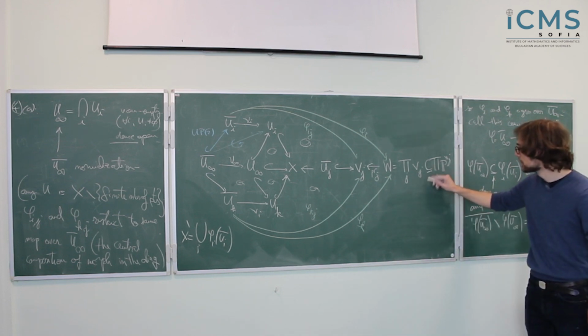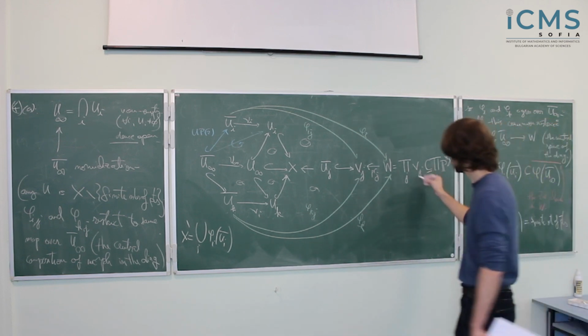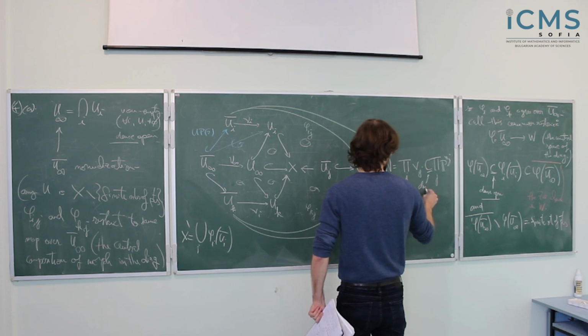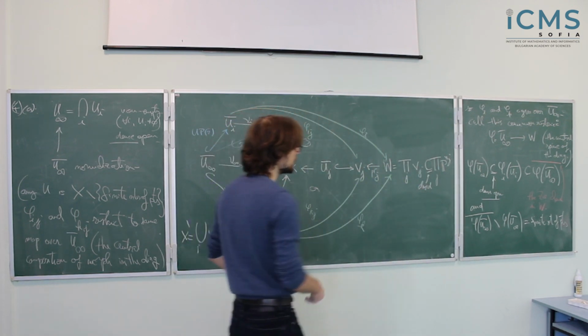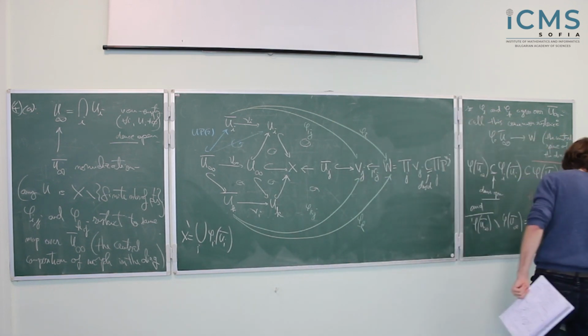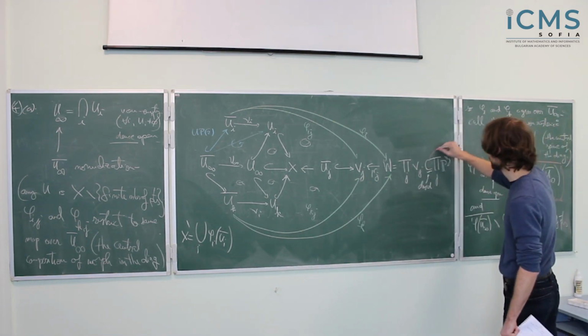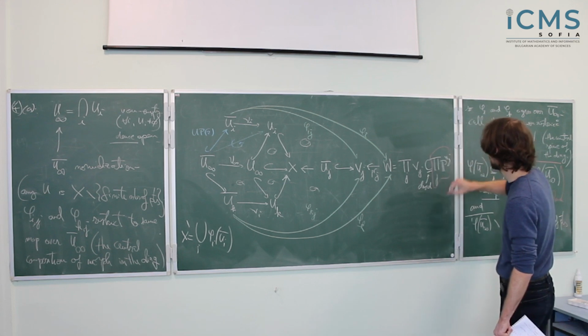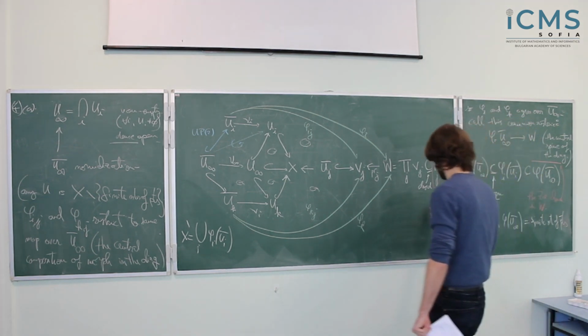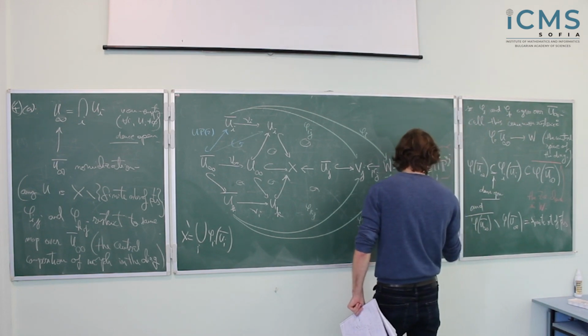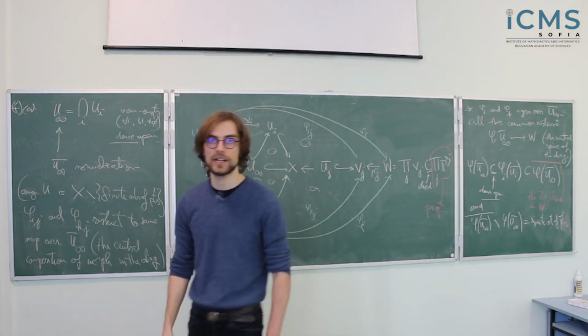So this is a closed embedding. And if you remember, this here is projective for a similar reason. Okay, projective. Why is this product of varieties projective?